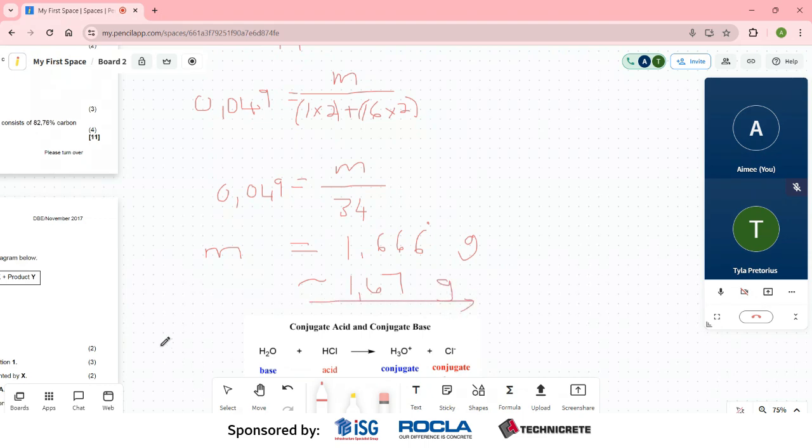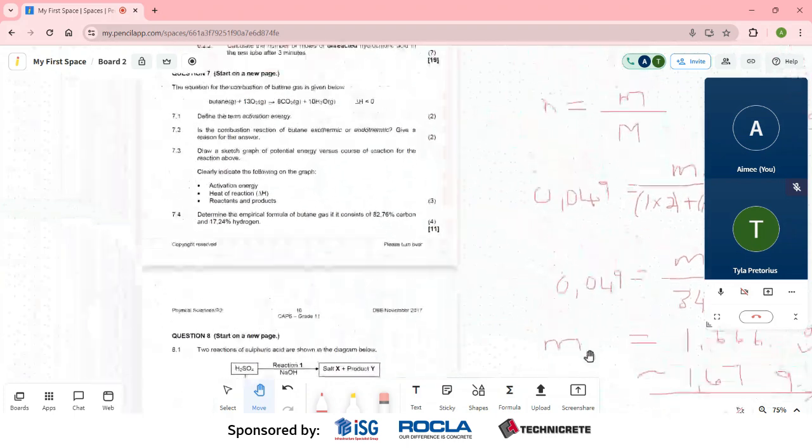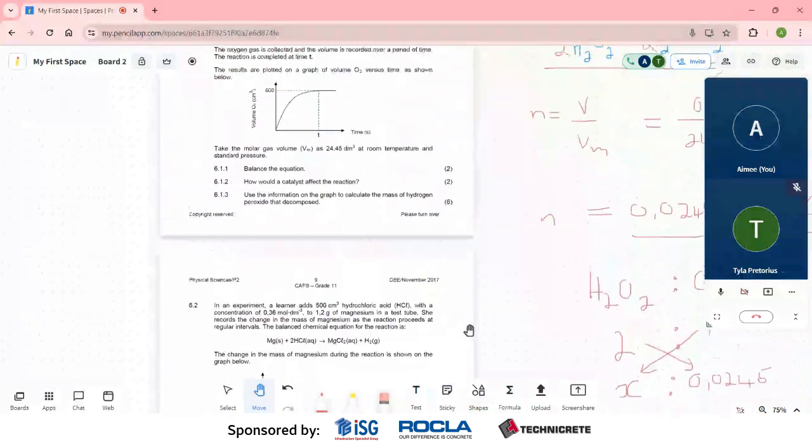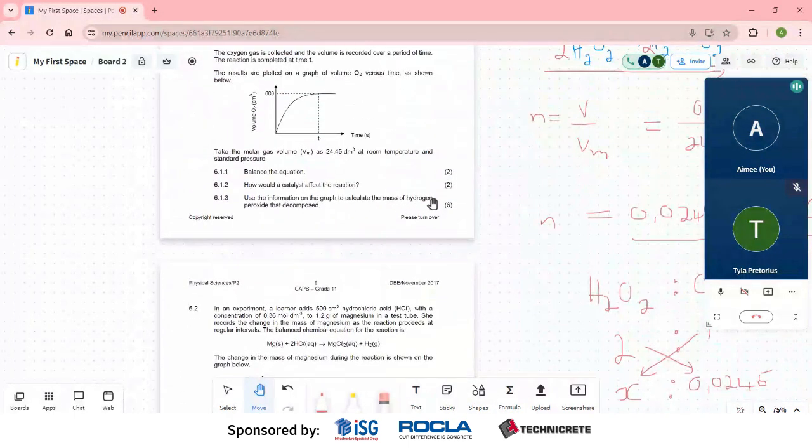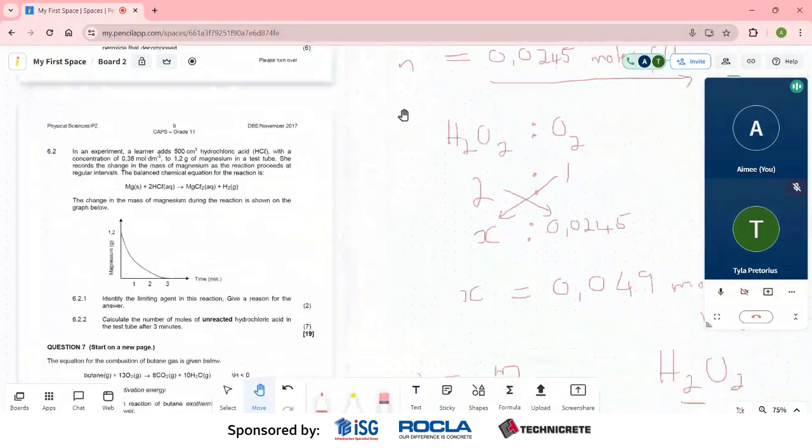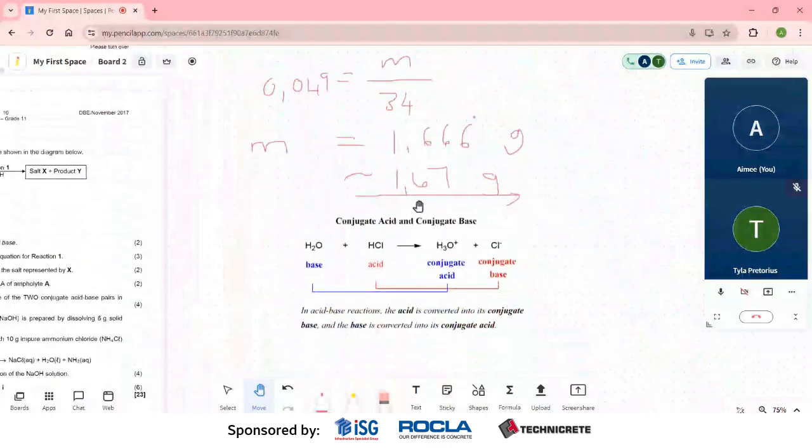So what was the mass of hydrogen peroxide that decomposed? 1.67 grams of hydrogen peroxide decomposed.